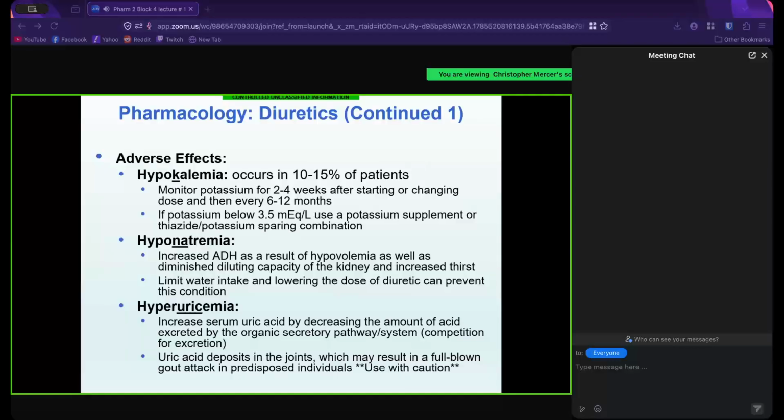I expect that you own that, but now you understand the pathophys behind why thiazide diuretics, because of that competition in the secretory pathway, cause increased uric acid. Direct competition for the transporters.